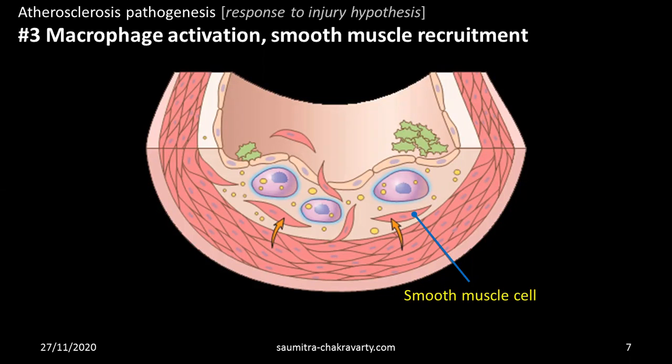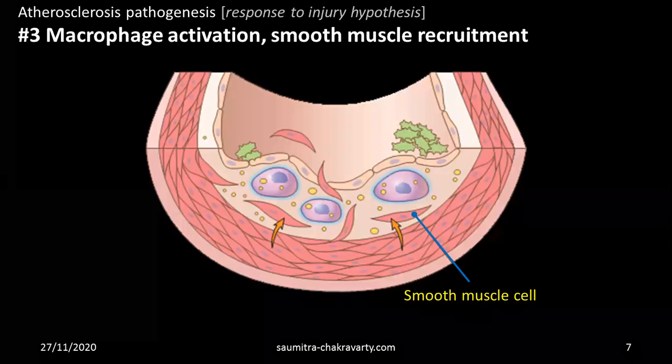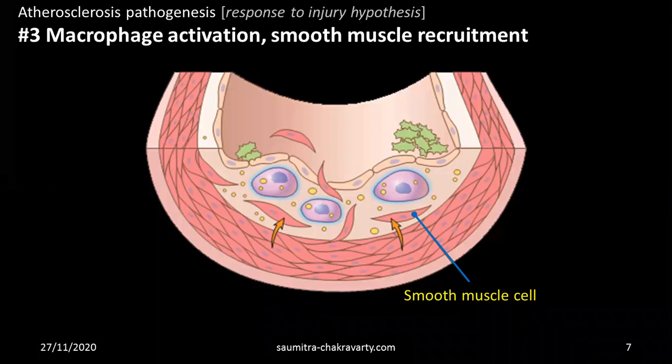So in this case, the inflammation creates an environment where the migrated monocytes from the blood, not all of them, but those which have still retained the capability to express the contractile proteins and such, upon getting the trigger, will become smooth muscle cells from monocytes.